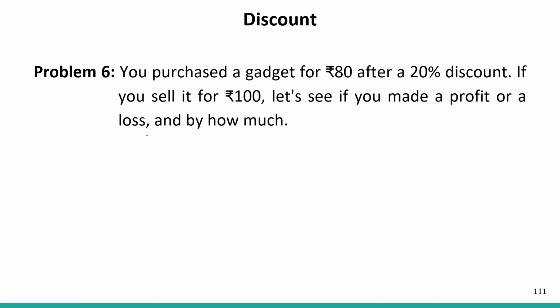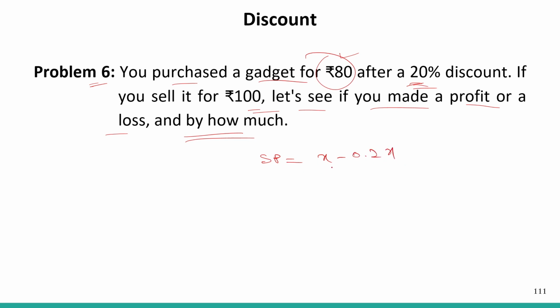Okay, so let's see problem number 6. You purchased a gadget for 80 rupees after a 20% discount. So if you sell it for 100, let's see if you made a profit or loss, and if you made any of these, then by how much in percentage and in amount. Okay, so I have purchased a gadget for 80 rupees after a 20% discount. So after 20% discount, SP is equal to X minus 0.2x.